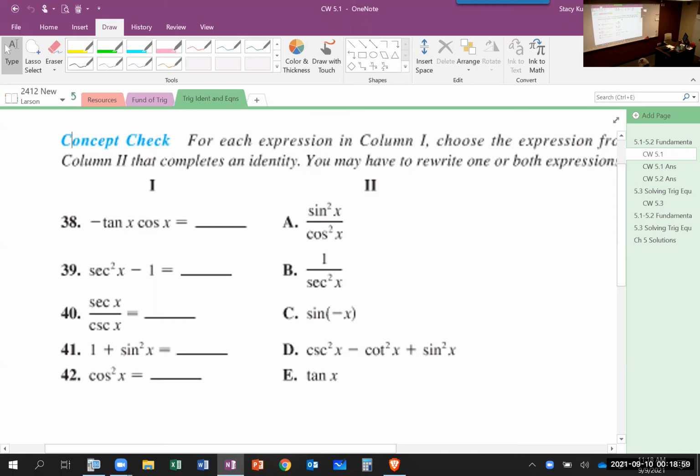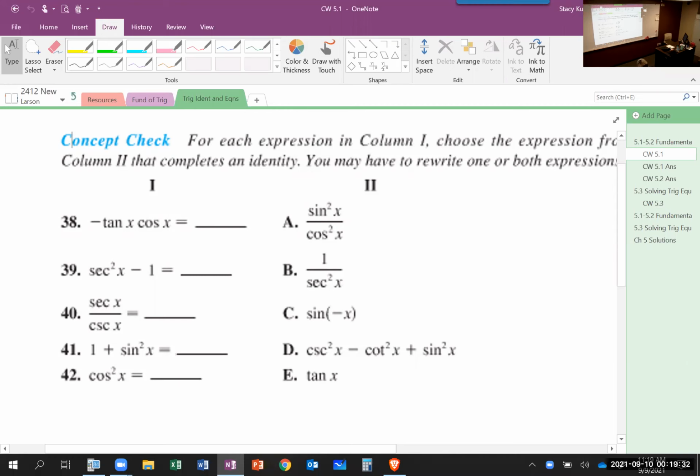We're only covering the typical quotient, Pythagorean, cofunction, and negative angle identities. So A can also be tan squared, so it's sine squared over cosine squared.